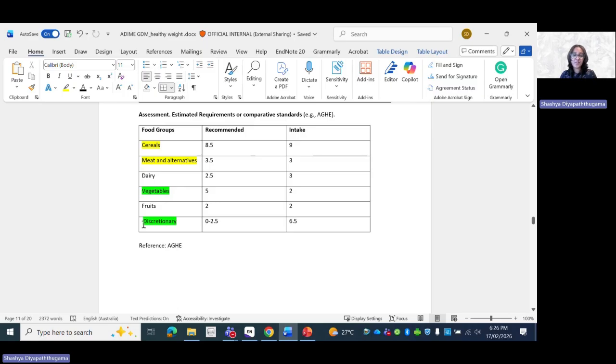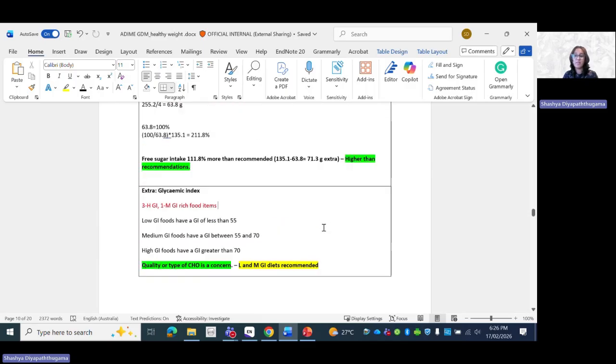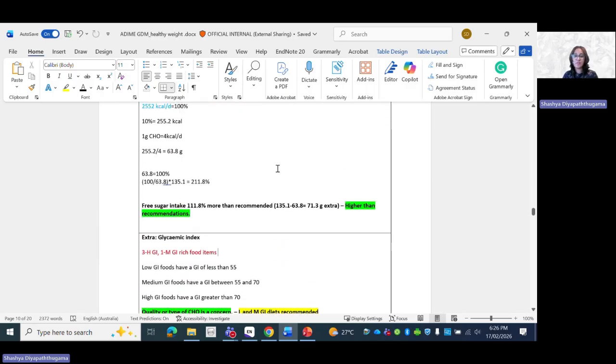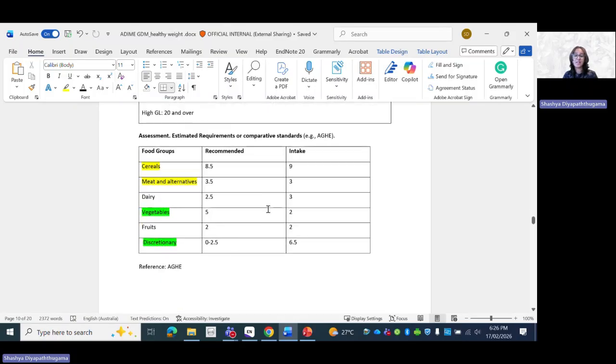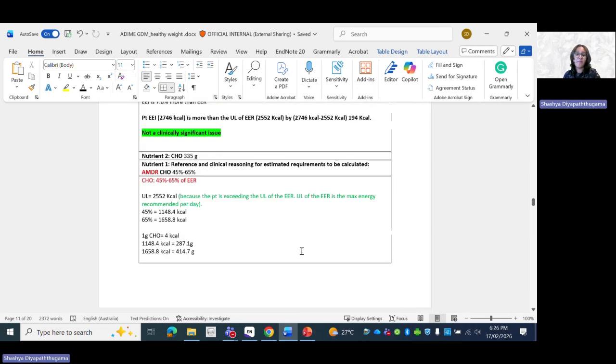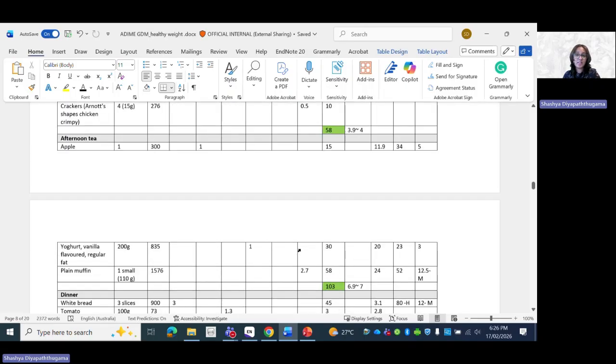So we have to understand the issue with discretionary could also be linked to the issue we found earlier, which is in terms of free sugar and high GI food intake, because discretionary includes sweet foods as well. So some of these sweet foods that are being counted in here could be coming from sugary foods as well. So if we go back and see, we can confirm that.